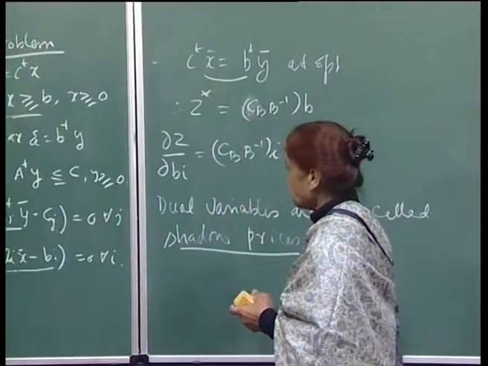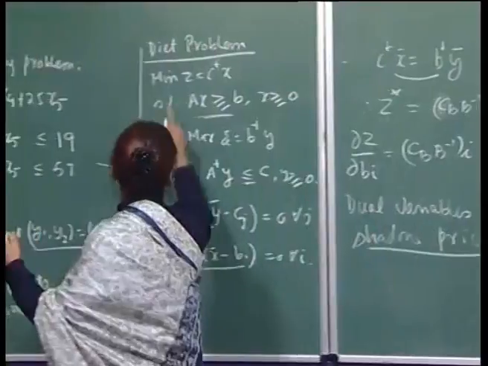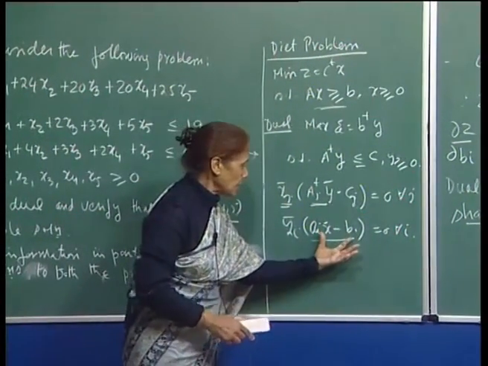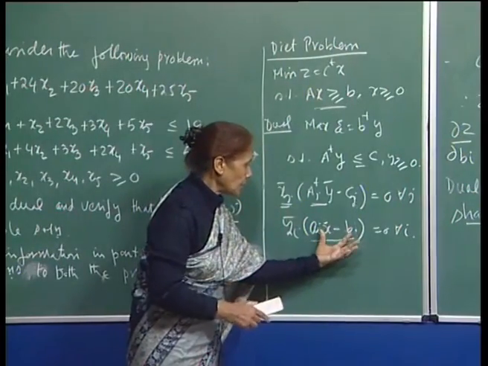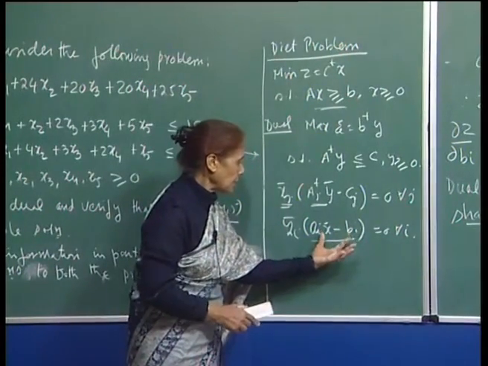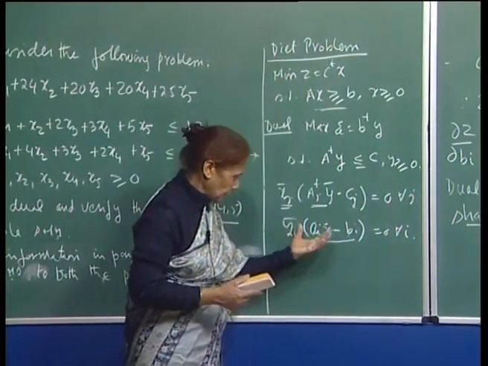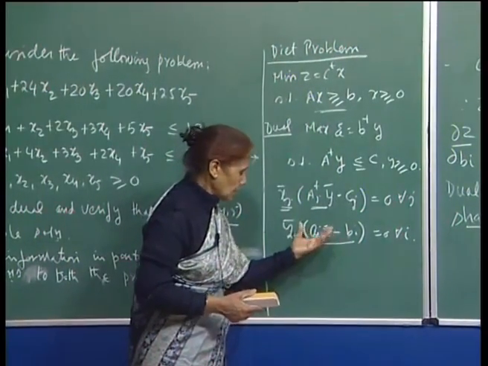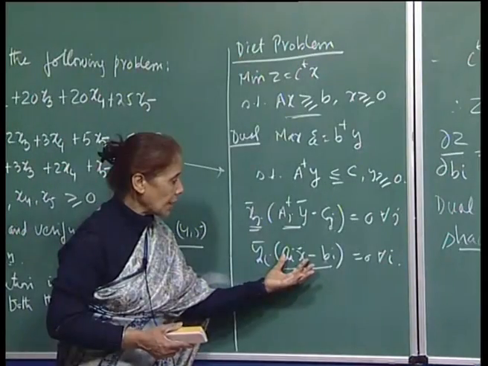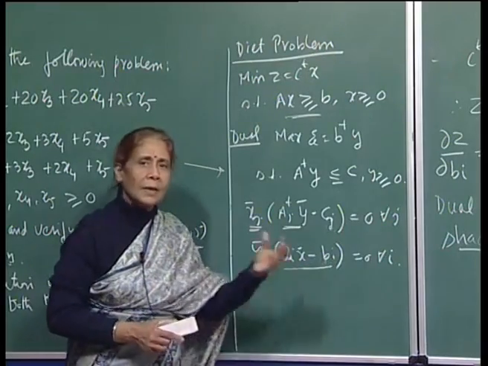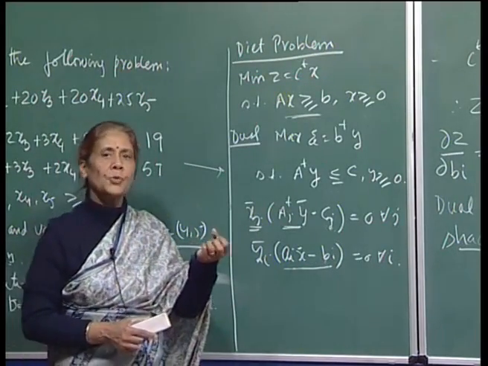So, in other words, the yi bar for the diet problem tells you what? That is what I am saying, that in case this constraint is not satisfied as equality, that means the ith nutrient present in the diet that you have chosen is greater than the required one, then the worth of that nutrient is not there.